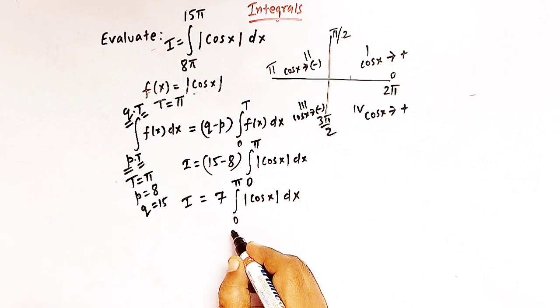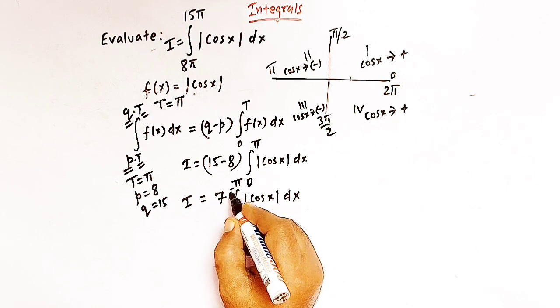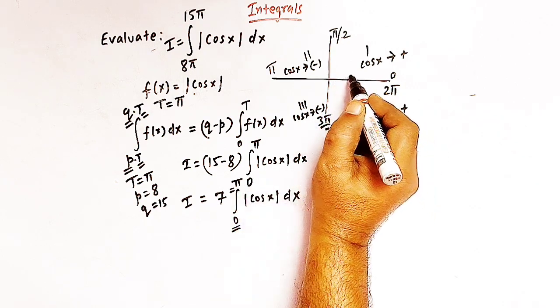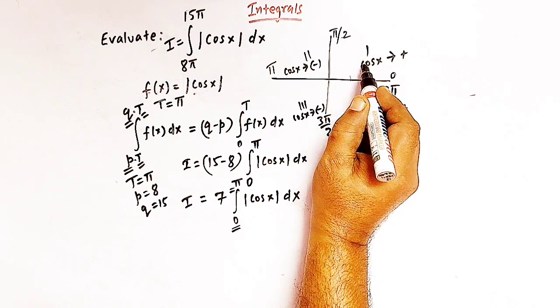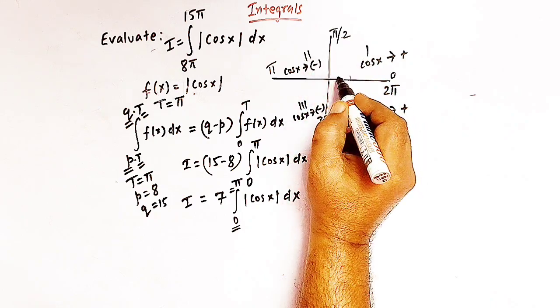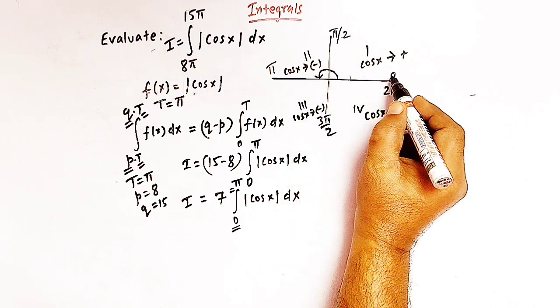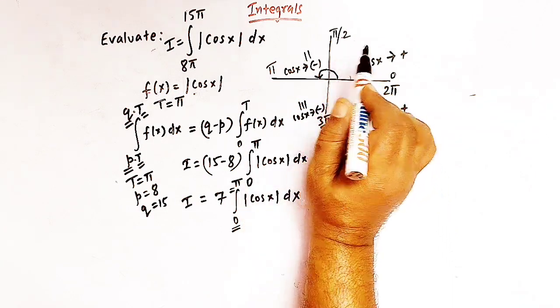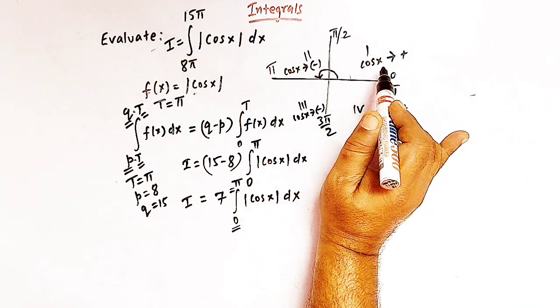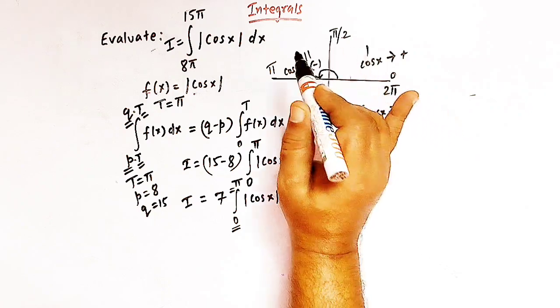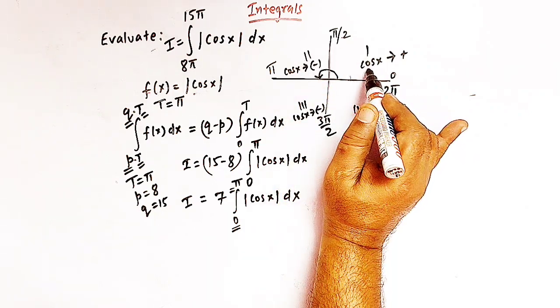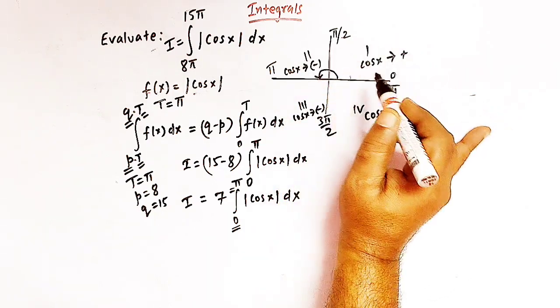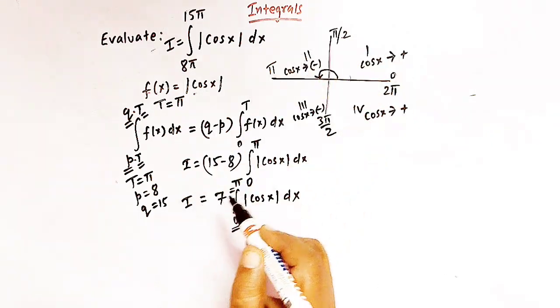So now here the limits of integration are from 0 to pi, right? So we have to go from the first quadrant to a second quadrant, that is from 0 to pi, right? And here we can see that when we go from first quadrant to second quadrant, then the cosine function changes sign from positive to negative, right?